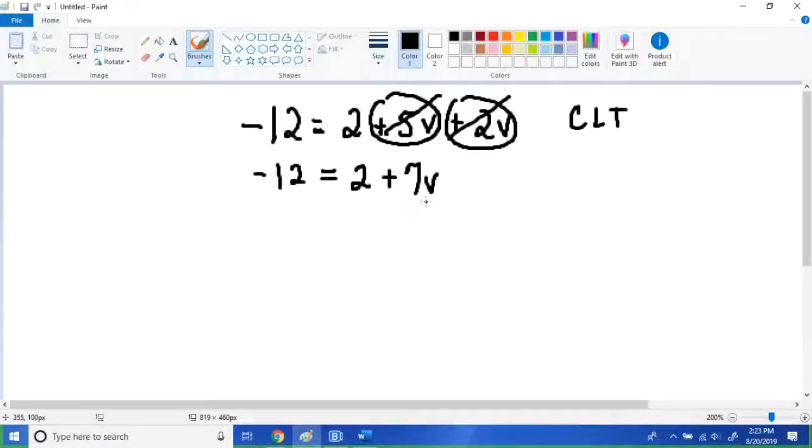Okay, we would like to have this v by itself as the variable. So we're going to do the opposite operation, which is a negative 2 on both sides, working left to right. A negative 12 minus 2, take the sign of the biggest number, which is negative. If the signs are the same, you're going to add.